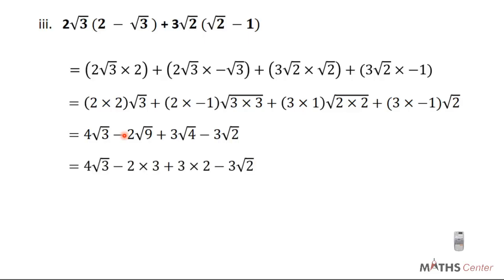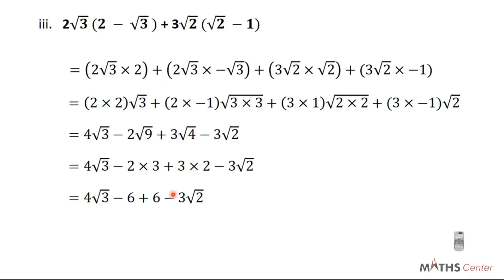Then from here we simplify further. We have 4 root 3 minus. We know that square root of 9 will give us 3. So we have negative 2 times 3. Then plus 3 root 4. We know that square root of 4 will give us 2. So 3 times 2. Then minus what we have here, 3 root 2. Now 4 root 3, negative 2 times 3 will give us negative 6.